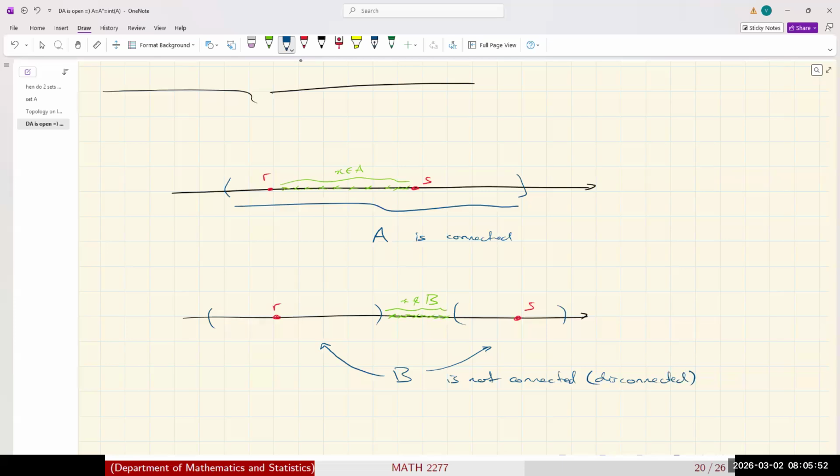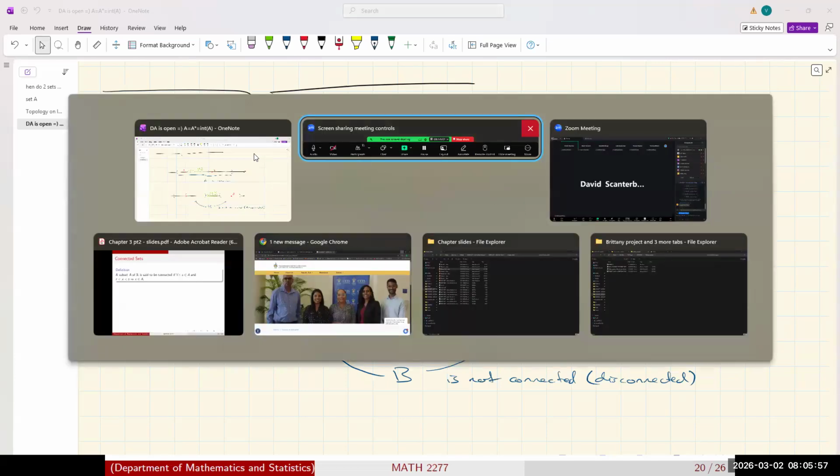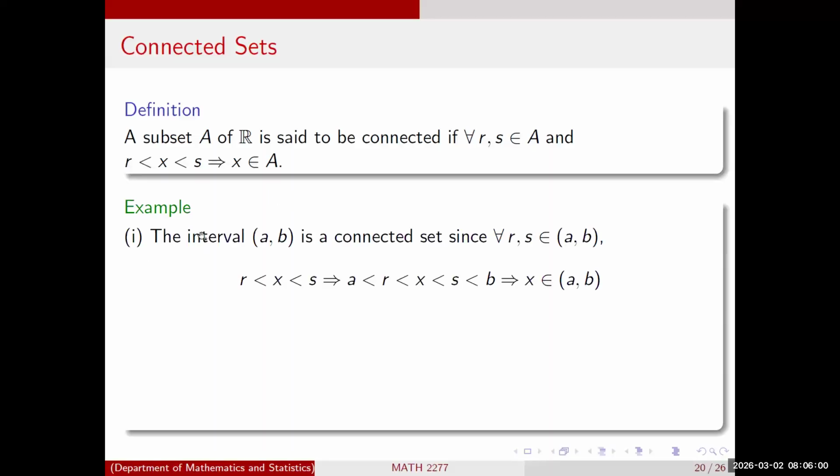Okay, so that's pretty much all a connected set is in the real numbers. So for example, if we take the open interval (a, b), this is a connected set. Why? Because if you have two numbers R and S in the open interval (a, b), let's just say R was the smaller of these two numbers.